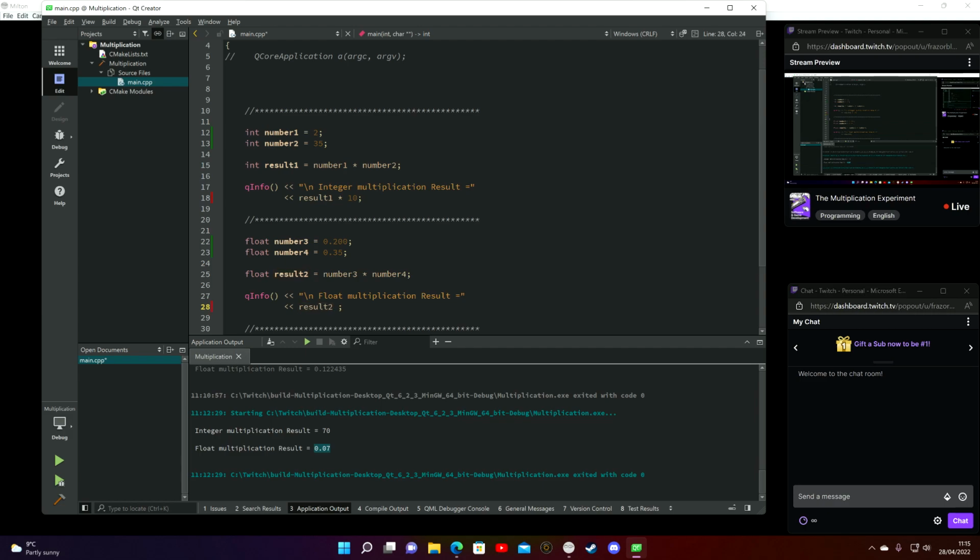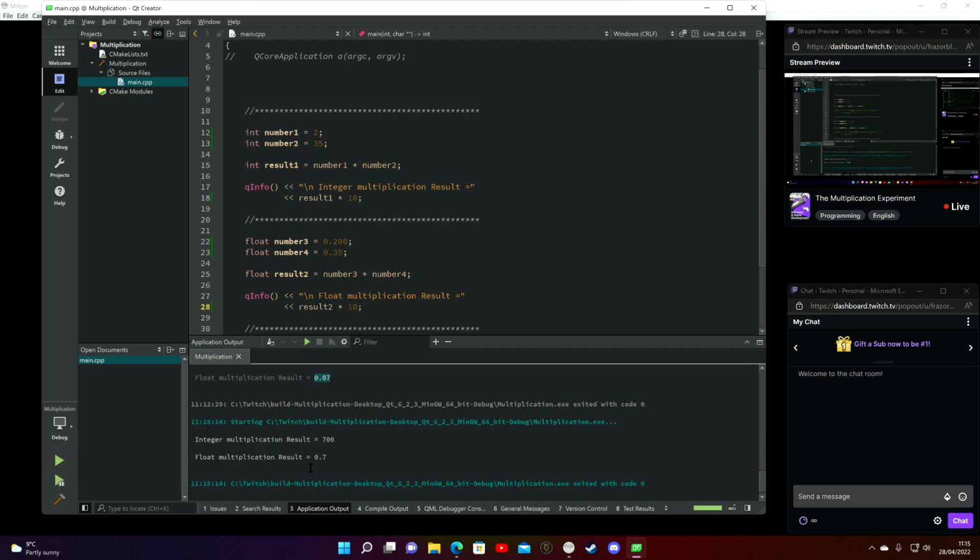And multiply by 10. Doesn't matter where we do it. That number doesn't exist in a computer. A computer has no binary representation for that number.